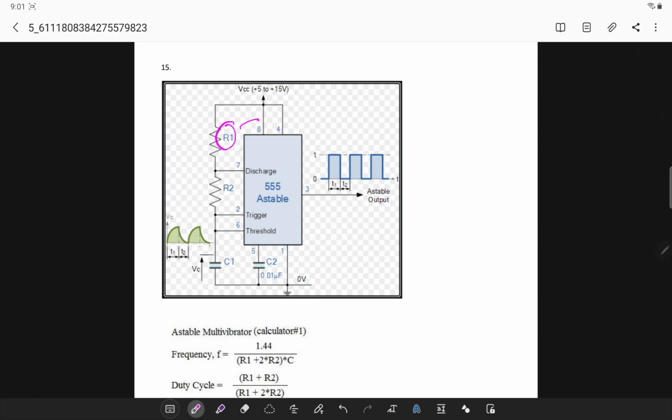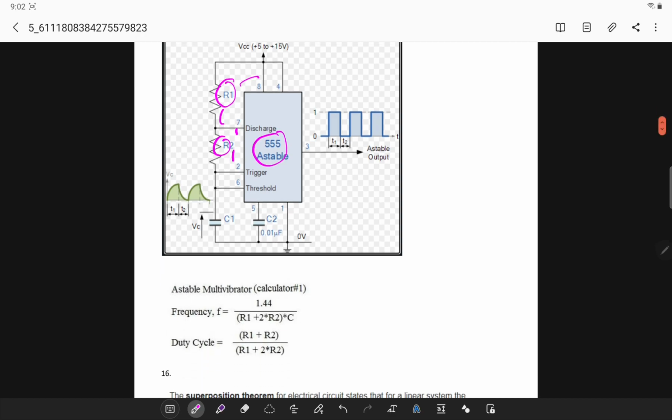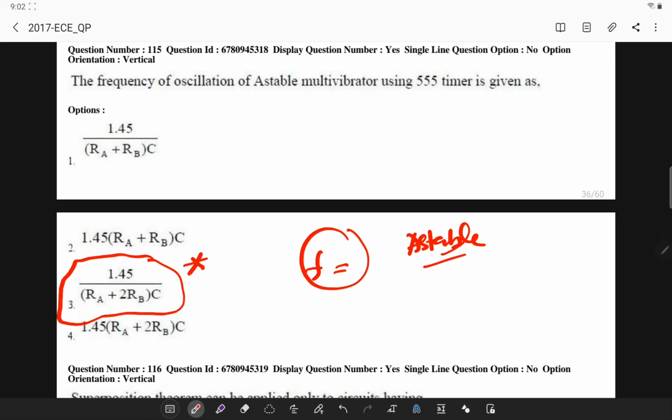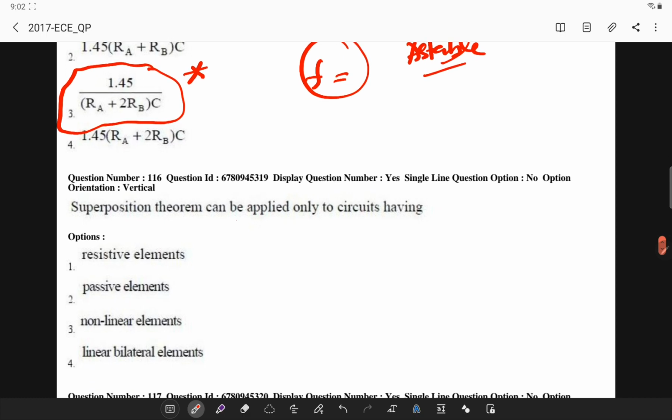R1 is connected between 8 and 7, R2 is connected between 7 and 2 of a 555 astable mode. Here the duty cycle is (R1 plus R2) divided by (R1 plus 2R2), whereas the frequency is 1 divided by (R1 plus 2R2) times C.